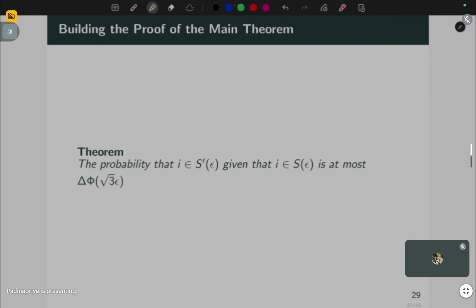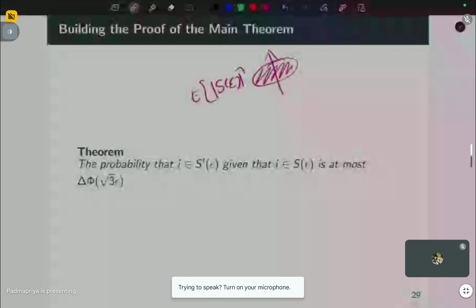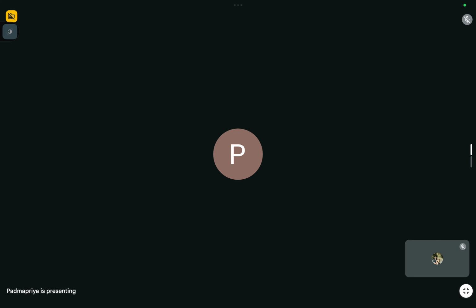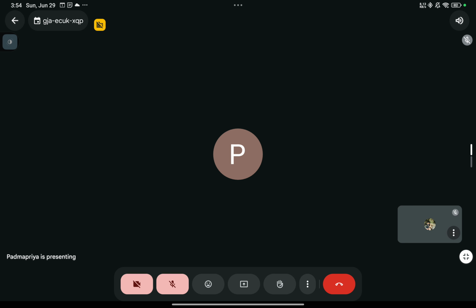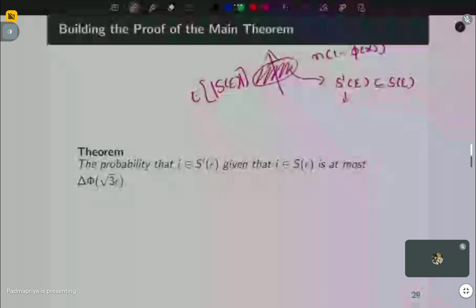First we saw how many vectors your S epsilon is going to retrieve. This we saw is, in expectation, n into 1 minus phi of x. Now from here I am going to reduce and get a subset S prime epsilon, an independent set.